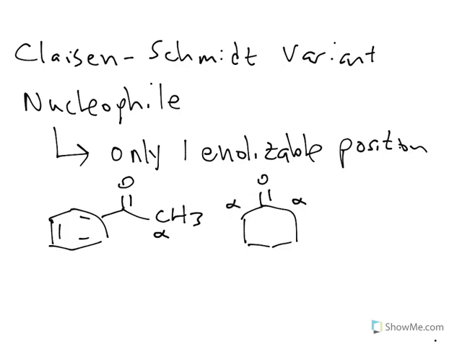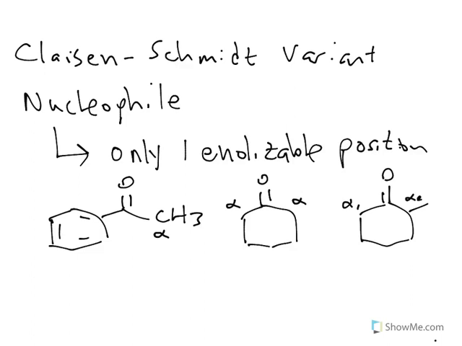So while there are technically two, we're only looking at the one unique enolizable position. If we were to look at this molecule, we have two different alpha positions, so not good. So you just want your alphas to be the same or only have one of them.